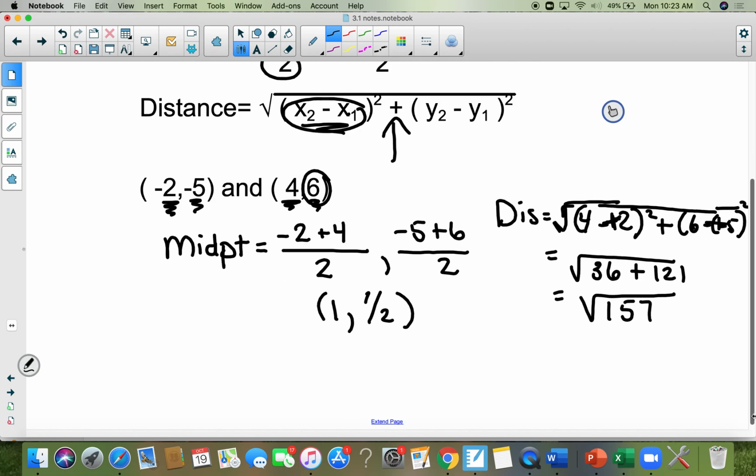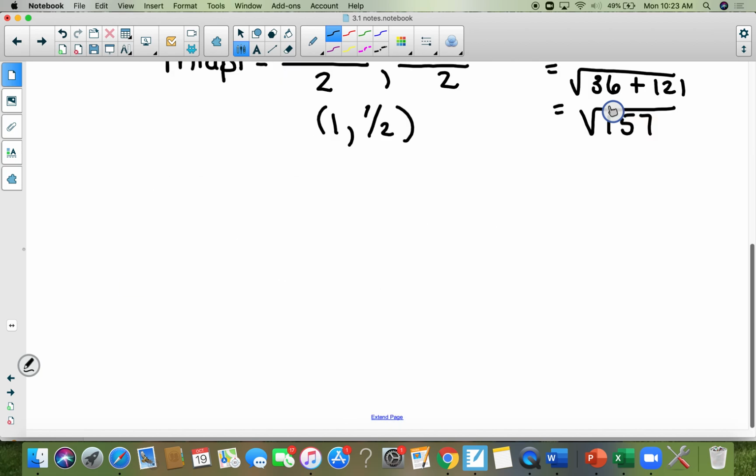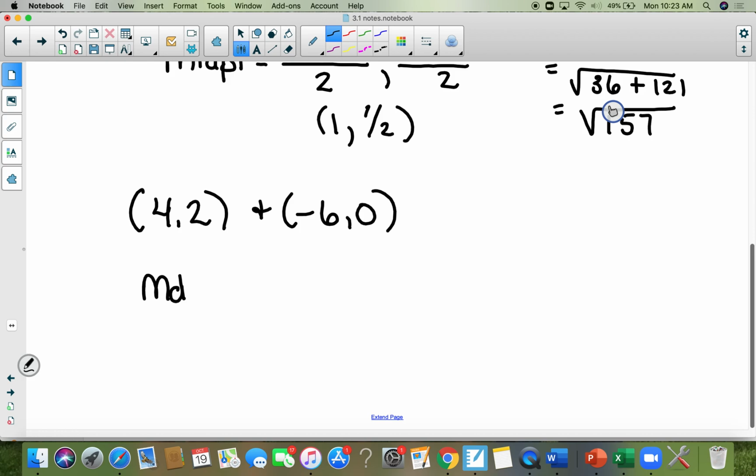Okay, let's just do one more. Let's find the midpoint and distance. Let's just do one more to make sure you know what you're doing. 4, 2, and -6, 0. To find the midpoint, you add your x's together and divide by 2.